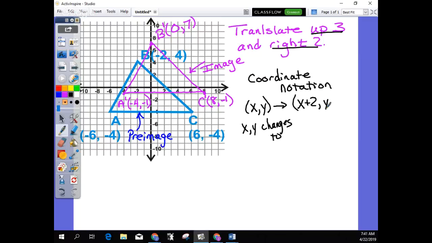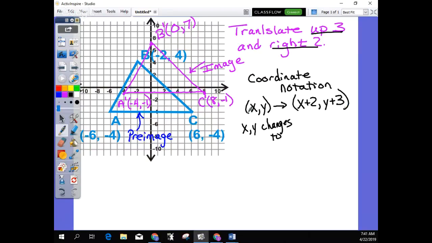So my Y is Y + 3. That's called coordinate notation.